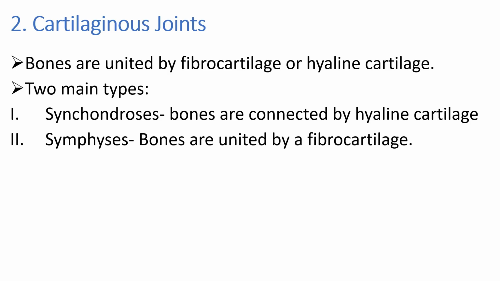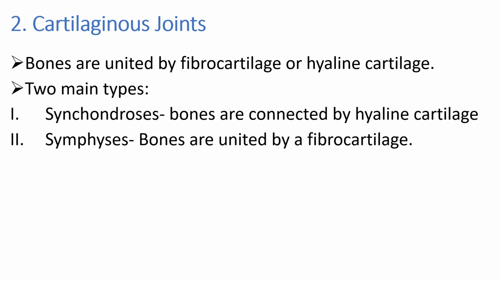There's more movement in the cartilaginous joints than the fibrous joints, but less movement as compared to the synovial joints. They play some key roles, which include growth, shock absorption, and structural support.